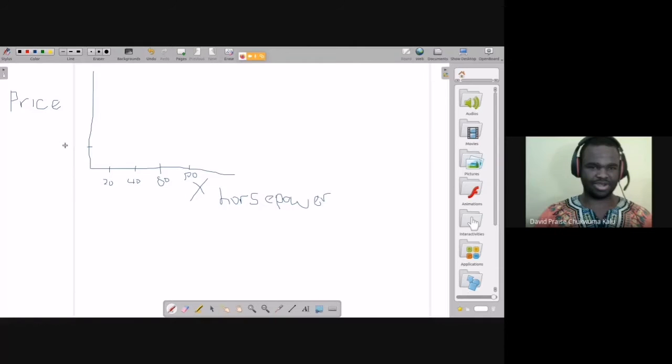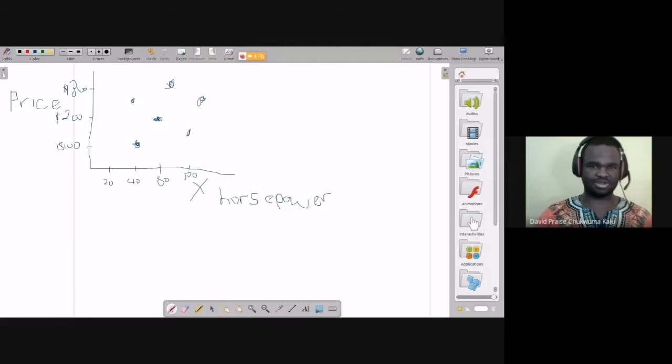Let's say the price for this car could be $100, then $200, and then $300. Let's say we have a car that has 40 horsepower, and another car that has 80. We have different cars, and these are their horsepowers.